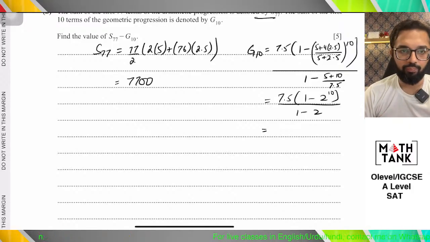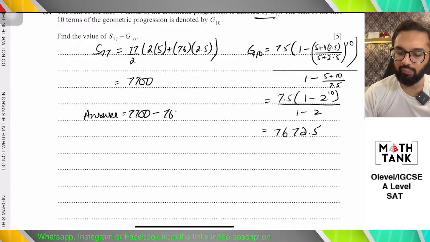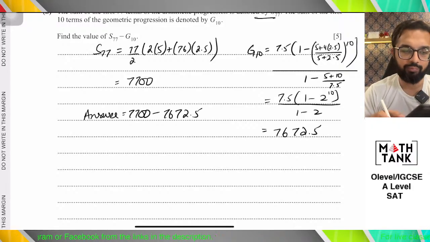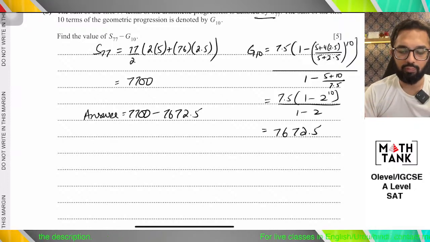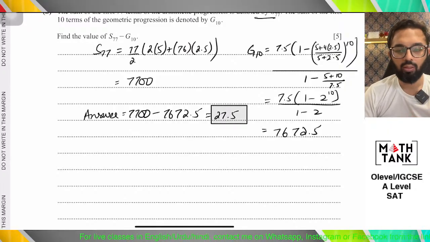Okay, 7672.5. So the answer is 7700 minus 7672.5, that's 55 over 2, 27.5. That is the final answer for this question.